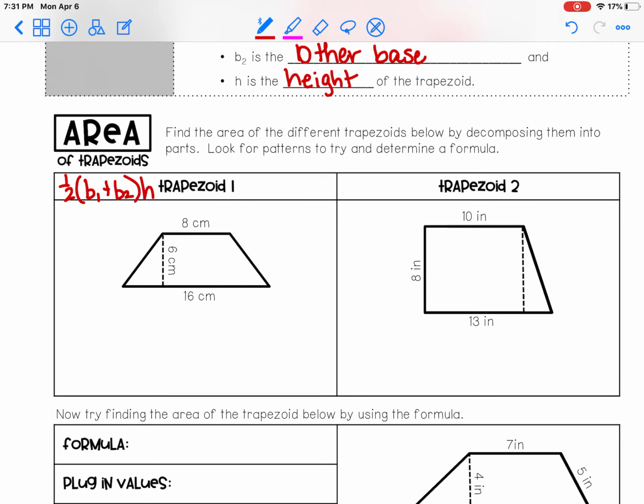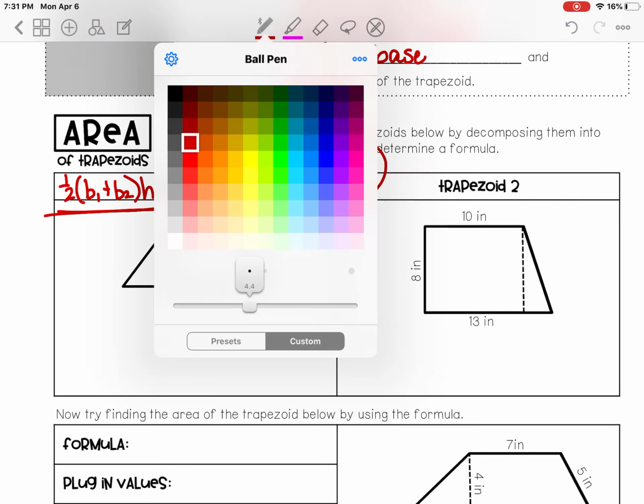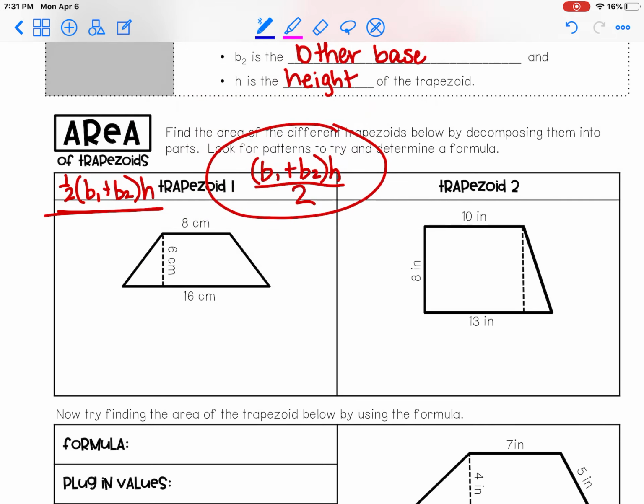Some people like to use it this way. They'll say B1 plus B2 times the height, all divided by 2. This is my preferred way to do it, so that's how I'm going to do it. But it's the same as this formula, because taking half of something is the same thing as dividing it by 2.